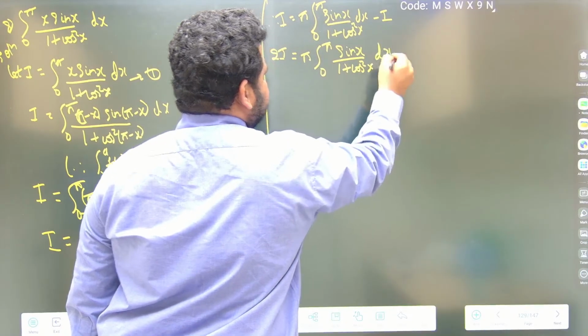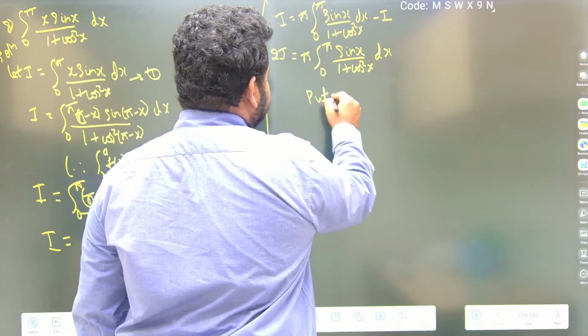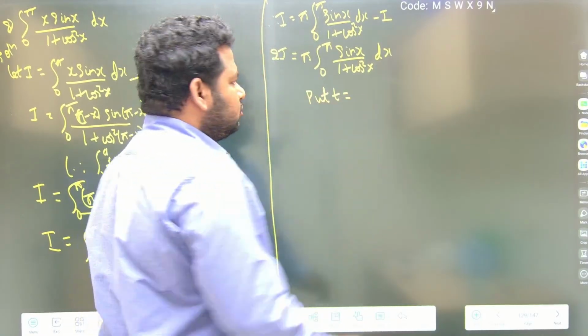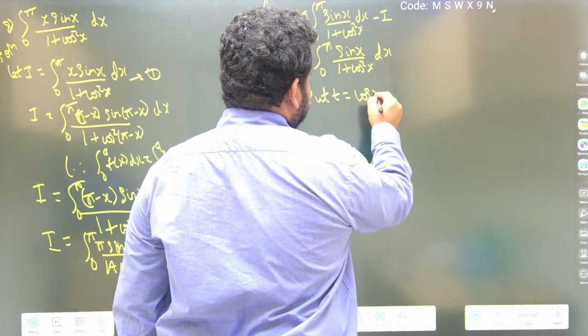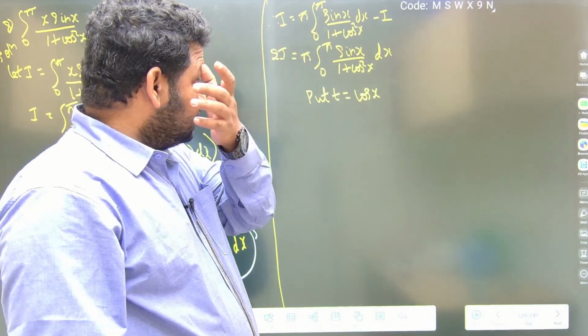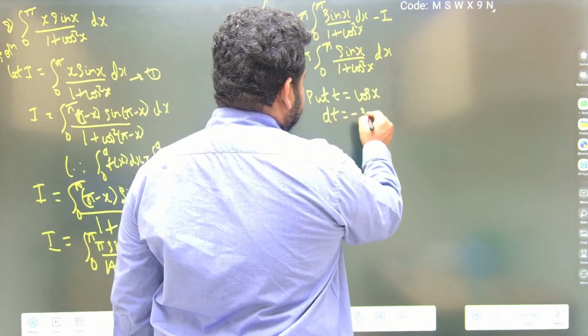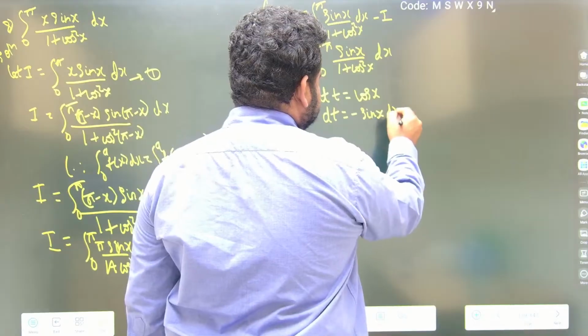Now let us do the substitution here. Put t is equal to cos x. So what will happen to dt? dt will become minus sin x dx.